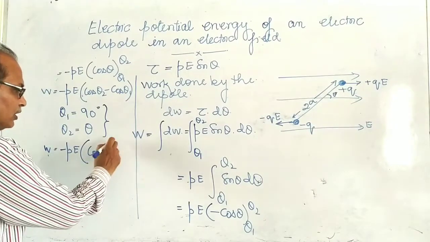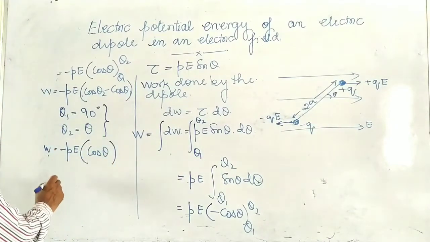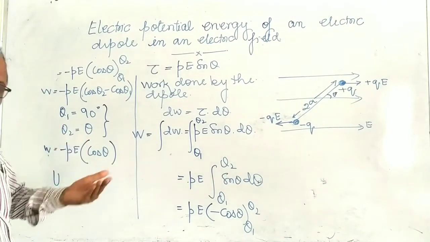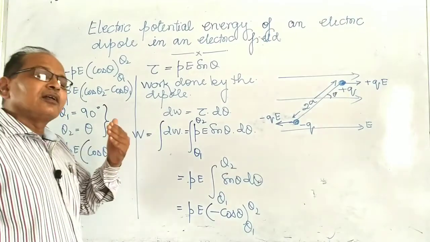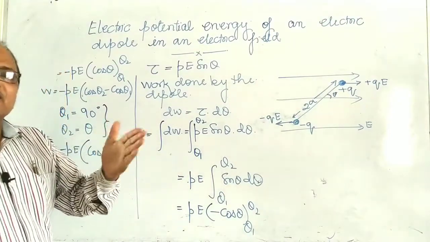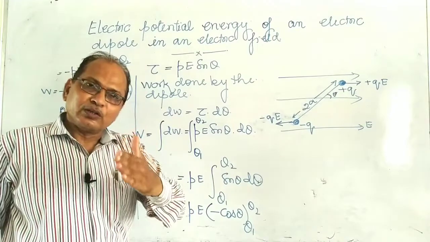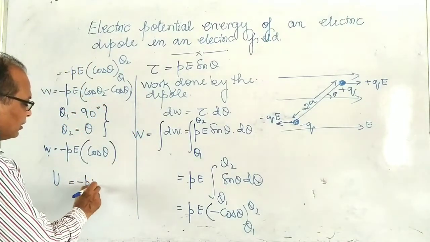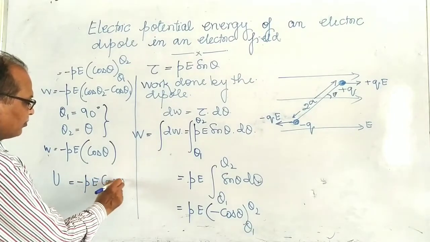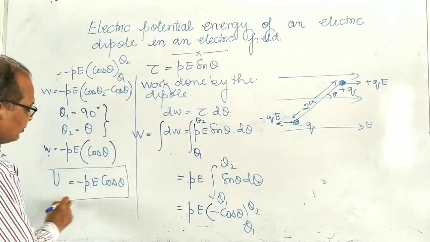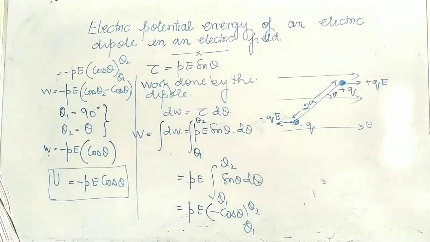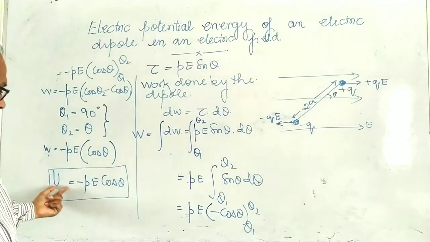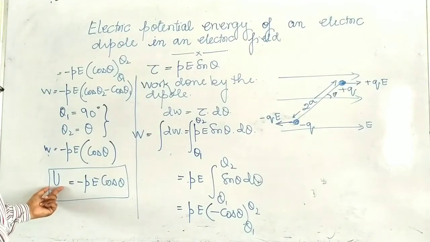So it will be only cos theta. That is the total energy of the electric dipole when it is initially placed at 90 degrees and comes to angle theta. The energy will be minus PE cos theta. This is the net electric potential energy of an electric dipole.